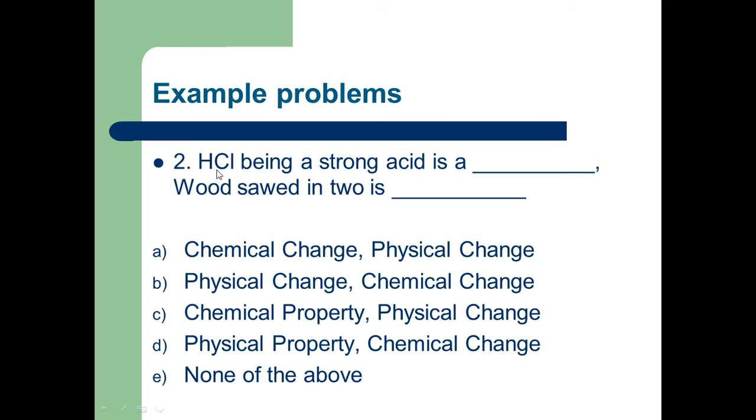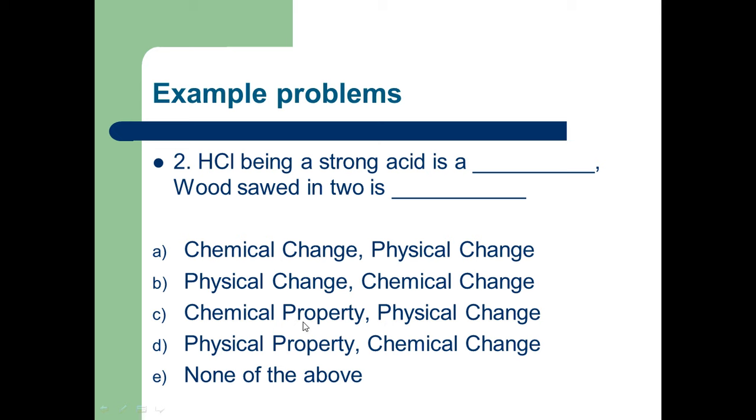So for this first one, you have to decide, is it describing a change or a property? So it says HCl being a strong acid. That sounds like a descriptor to me. So that's a property. So I have to determine, is it a chemical property or a physical property? I would say that it being a strong acid tells you how something could react. So that's most likely a chemical property.